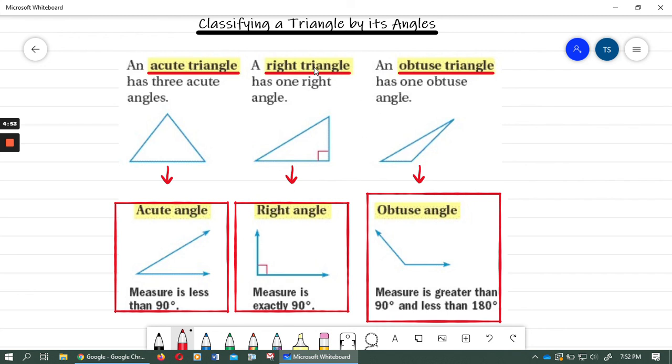All right, we should remember what a right triangle is, because when we went over the Pythagorean theorem and the distance formula, we talked about right triangles. A right triangle is a triangle that has one right angle, meaning an angle that has a measure of exactly 90 degrees.